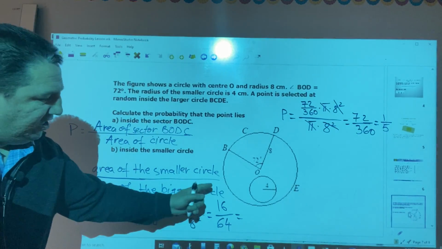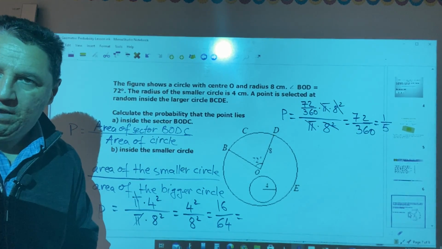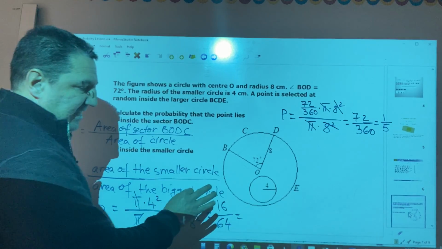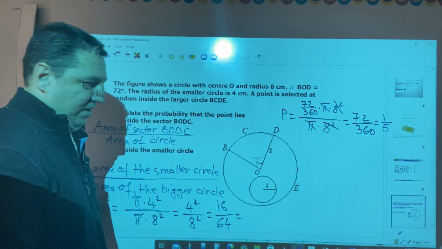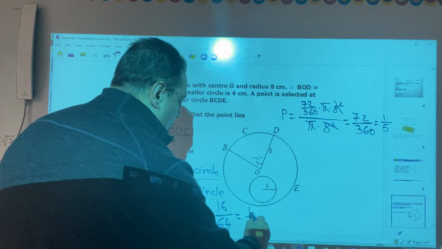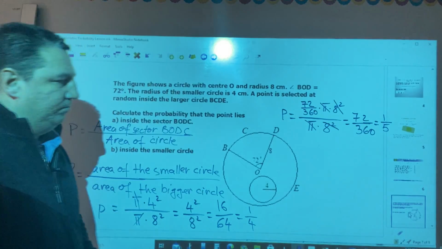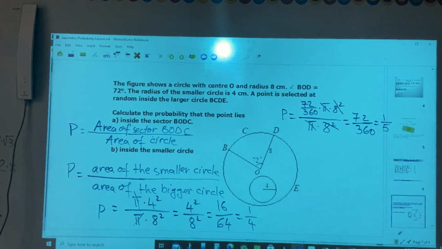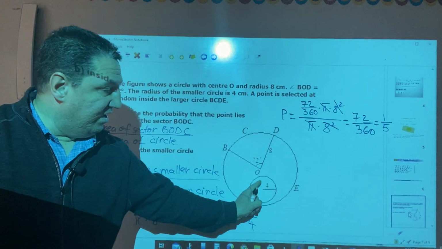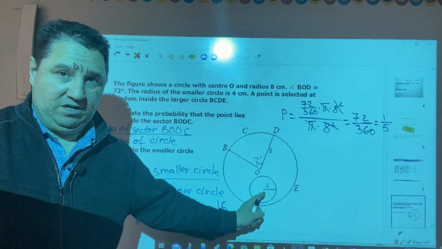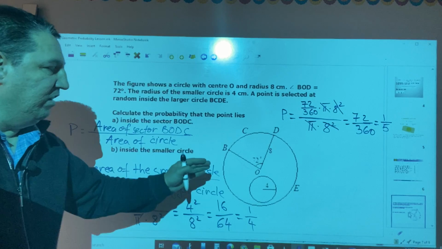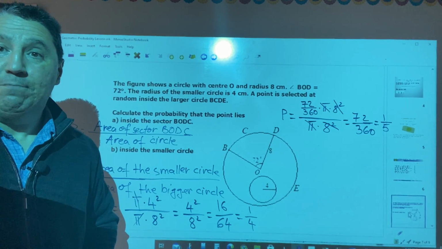But again, this fraction can be simplified. 16 is the largest factor, so you're going to have 1 over 4. So the probability of having a point inside the small circle is 1/4 or 25%.